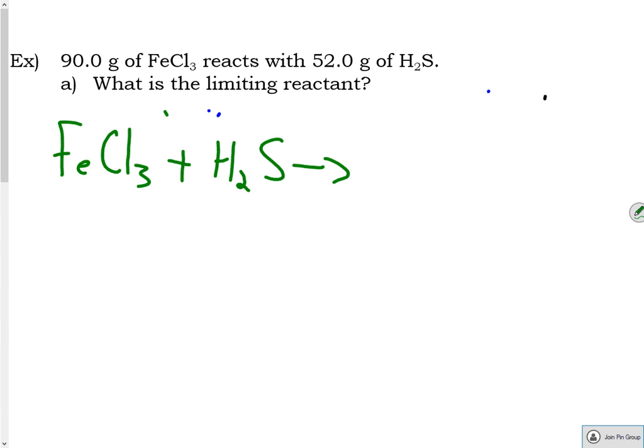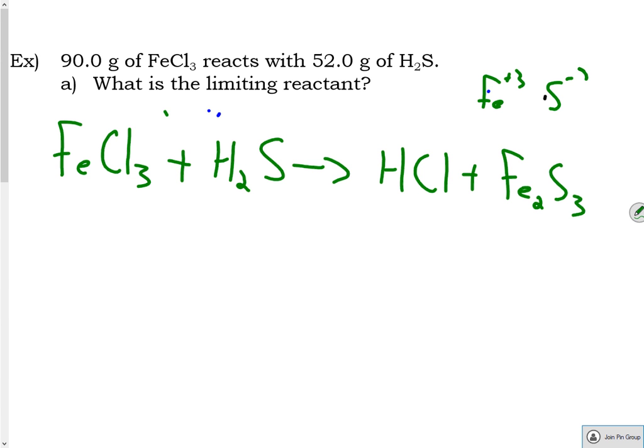So I'm going to get hydrochloric acid plus iron sulfide. Now the charge on sulfur is 2, and on iron is 3, so I need 2 irons and 3 sulfurs. So when I bond those together, that's what I'll get.